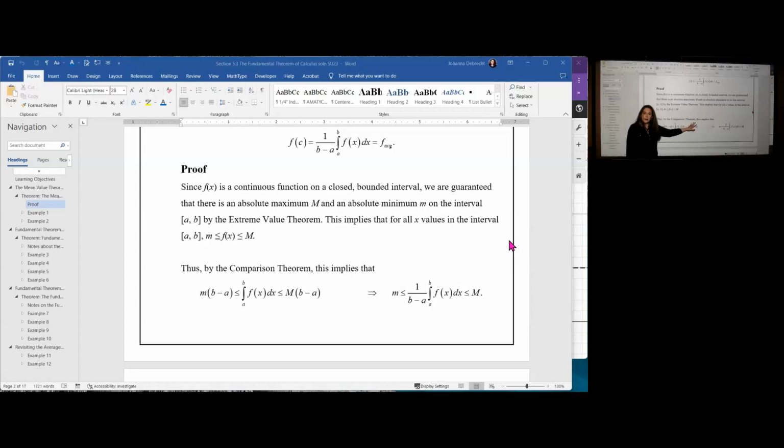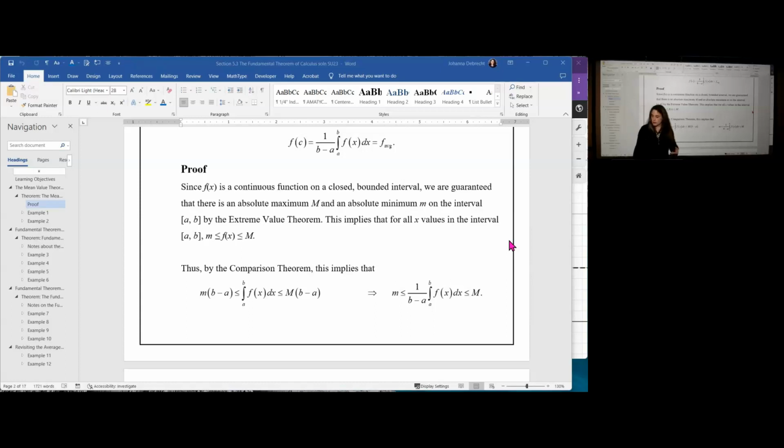Then, by the comparison theorem for integrals, if we take the maximum over that interval and multiply by the width of the interval, this gives us a rectangle at the maximum value. And if we take the minimum value times the width of the interval, it gives us a smaller rectangle at the height of the minimum.